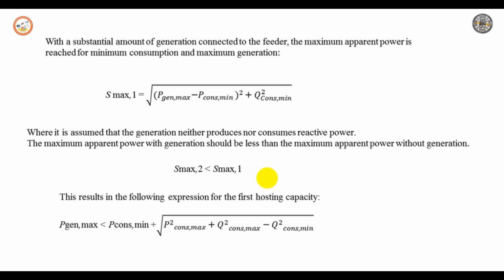You can also write this in bracket form: the root of the active consumption at a maximum level plus the bracket of the reactive power consumed at a maximum level minus the reactive power consumed at a minimum level, to the whole square. You can also duplicate the equations like that.